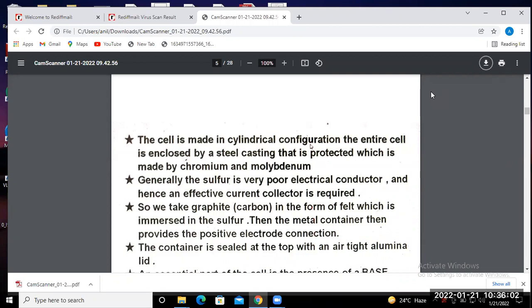Sulfur is not a conductor material, so it may not be able to flow the current. So we take graphite carbon in the form of felt, which is immersed in the liquid sulfur. Then the metal container provides the positive electrode connection. The container is sealed at the top with an airtight aluminum lid.